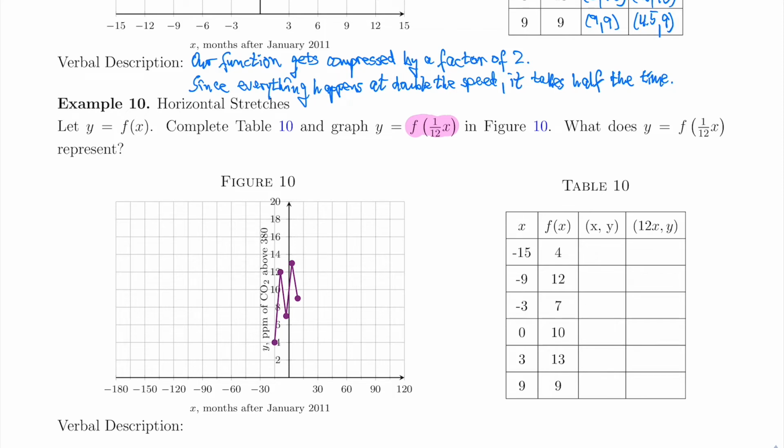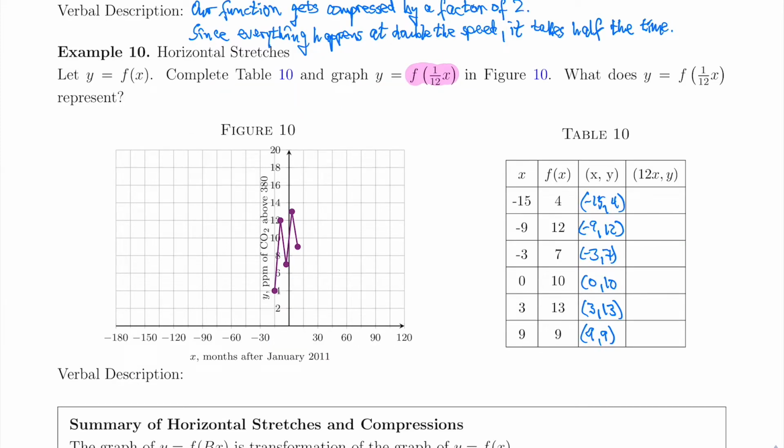We can say that our x values will get multiplied by 12. Even though it says 1/12 times x, it will be 12 times x. So we're again starting by writing out our different points, and then we take all our x values and simply multiply them by 12.